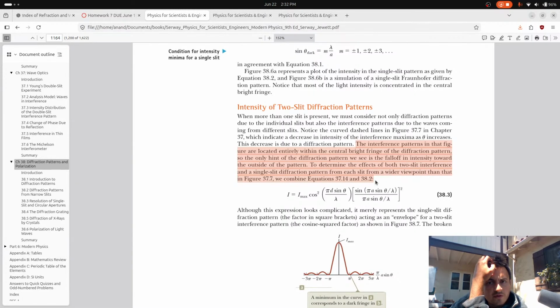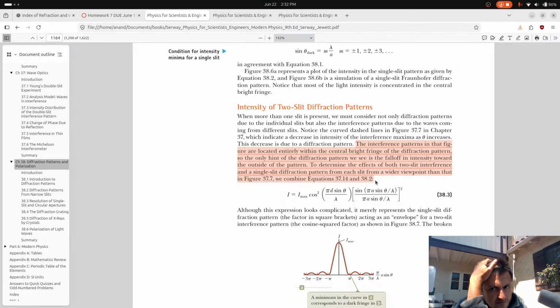When more than one slit is present, we must consider not only diffraction patterns due to the individual slits, but also the interference patterns due to the waves coming from different slits.